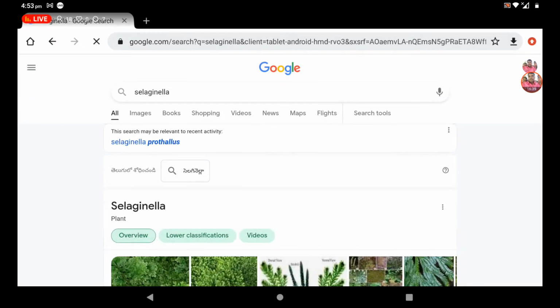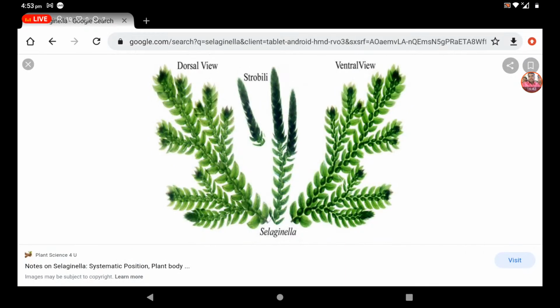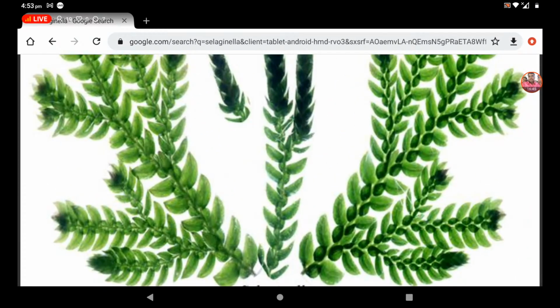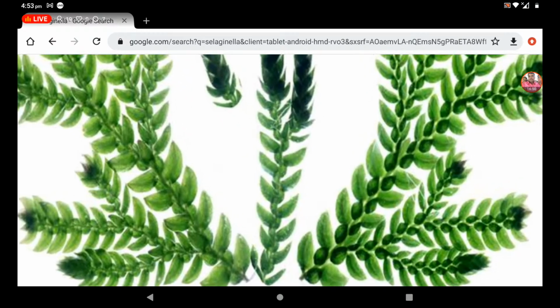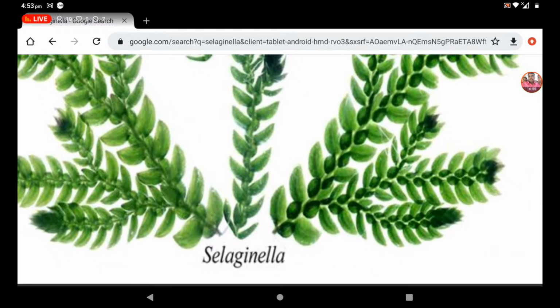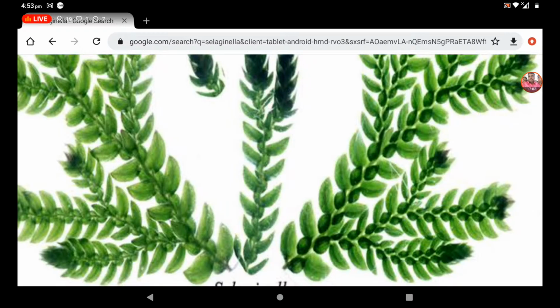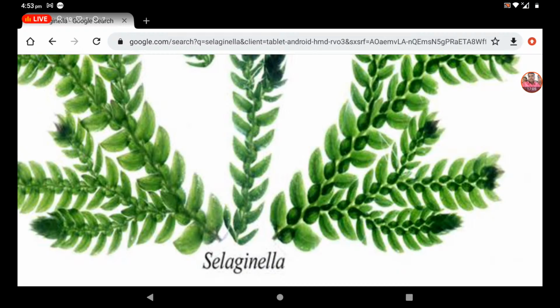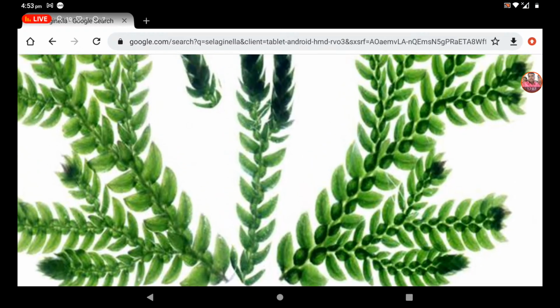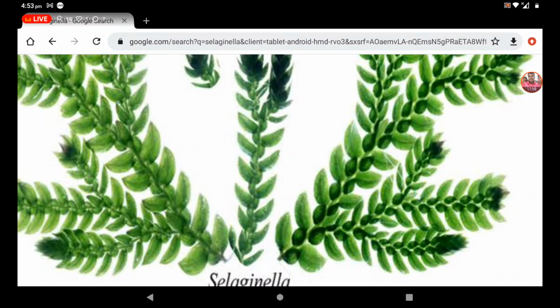the best example is Selaginella. Selaginella is given here. So for the first time we find that the true stem appears clearly, and the root system is an adventitious root system. The stems are creepers, creeping on the substratum, on the soil, and the stem possesses leaves. A small leaf is called microphyll, and a large leaf is called macrophyll.